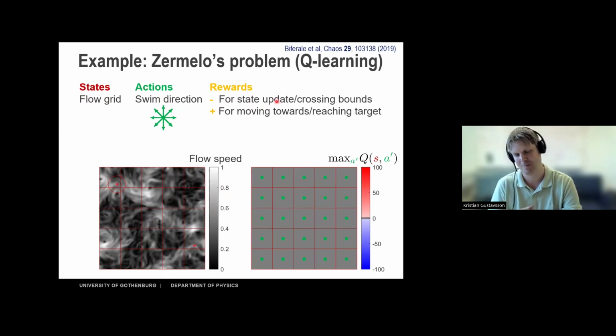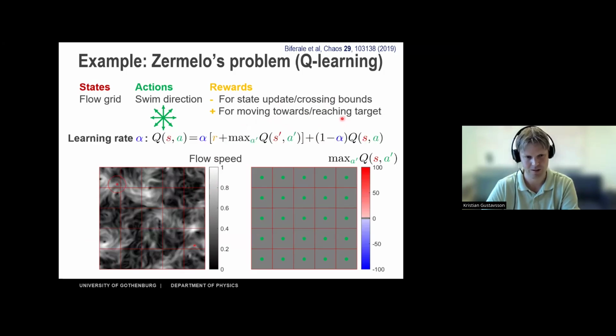So that's essentially giving a penalty as time goes. So waiting a long time to reach a target will give a large penalty. So we want to reach a target as quickly as possible. And we also give a large penalty for crossing the boundaries of the flow domain. And then we get a positive reward for moving towards the target and a large reward for reaching the target.